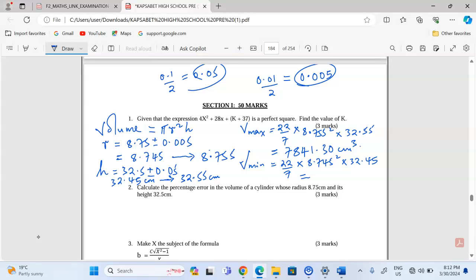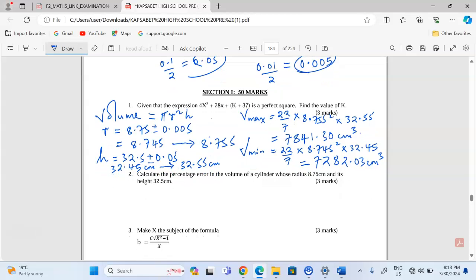We're going to have 22 multiplied by 8.745 squared multiplied by 32.45, then divided by 7. This gives us 7282.03 cubic centimeters. So now we have the maximum and minimum volumes.